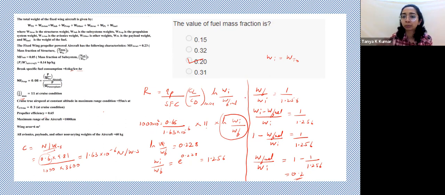I just did that to make it more convenient for getting the answer, but once you get this ratio, you can follow any way to find out the weight of the fuel. You need to make sure that the final weight is nothing but initial weight minus weight of the fuel. Okay, so then you can perform some manipulations to find out the ratio between weight of fuel and W initial. So you follow these steps and you get a value of 0.2.